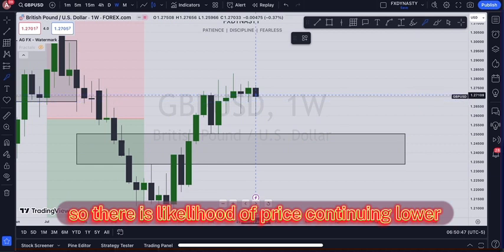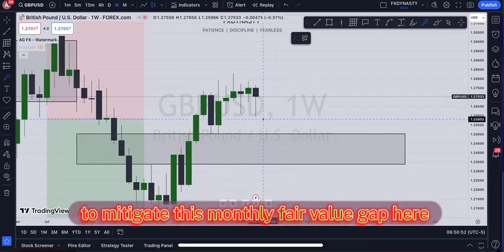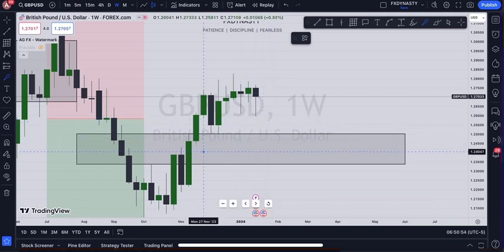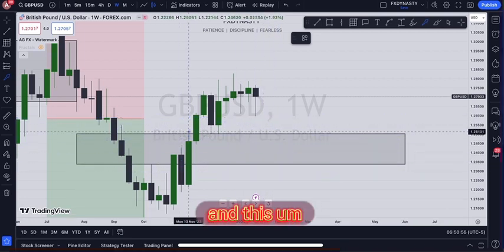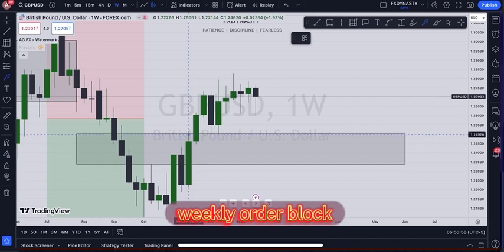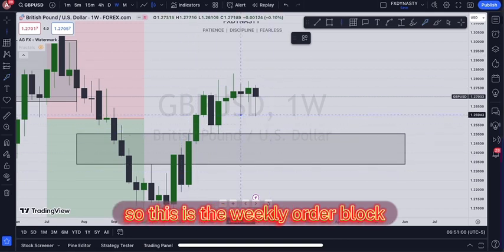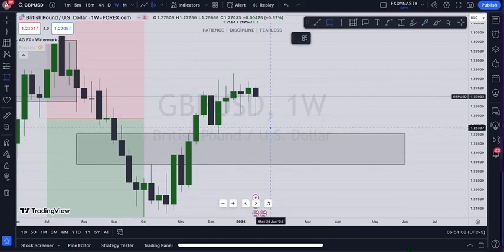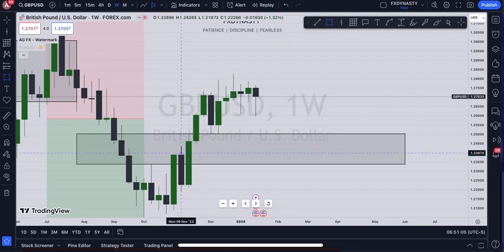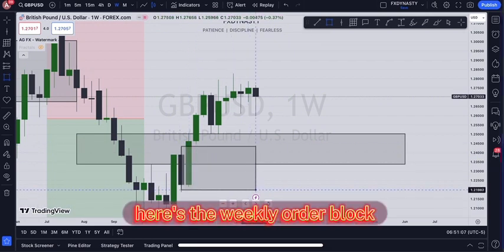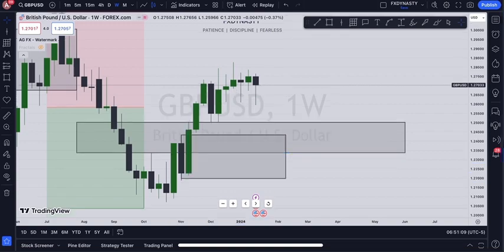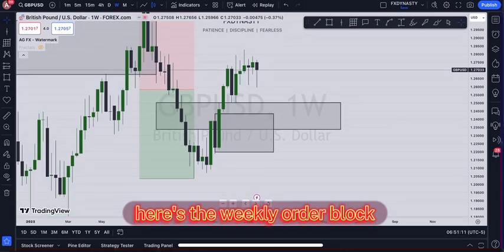So there is likelihood of price continuing lower to mitigate this monthly fair value gap here, and this weekly order block. So this is the weekly order block.